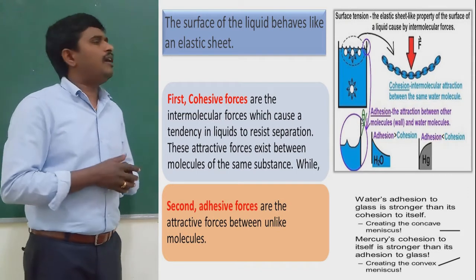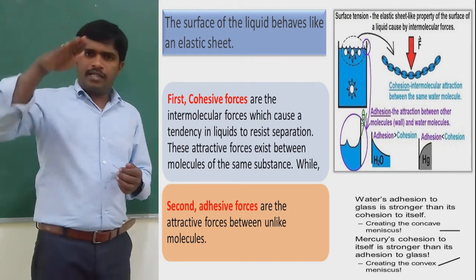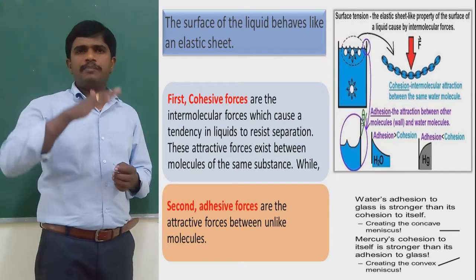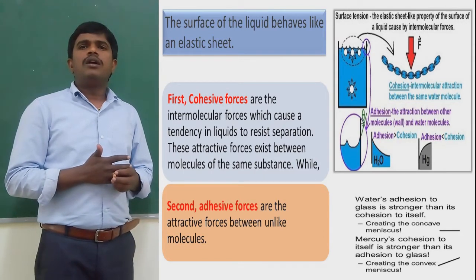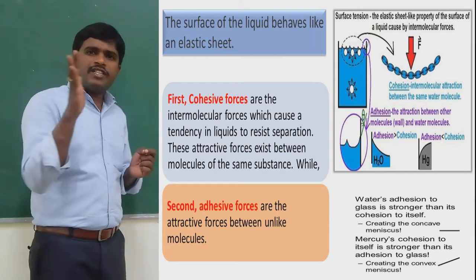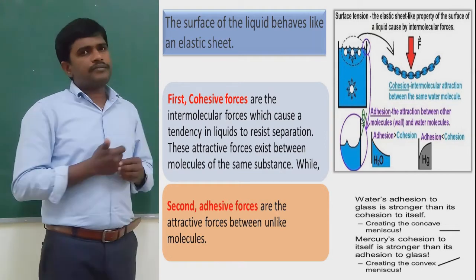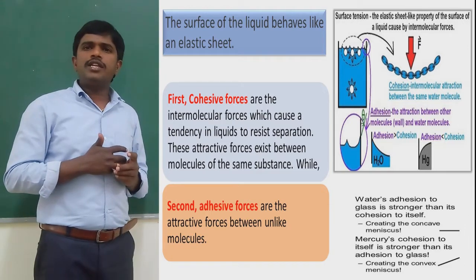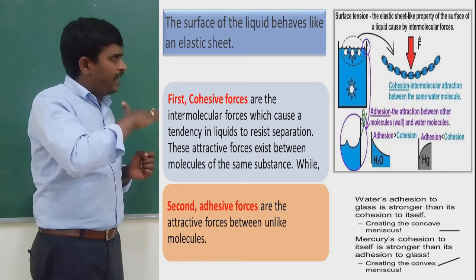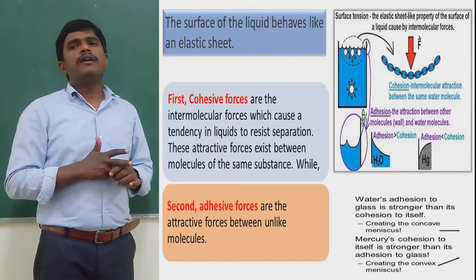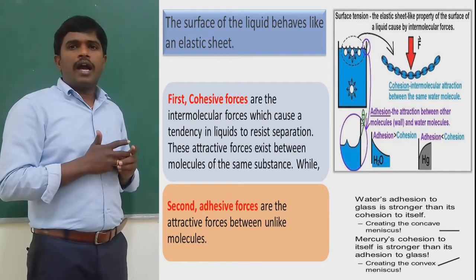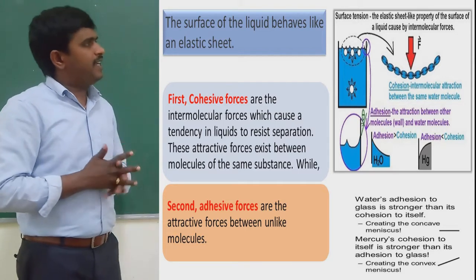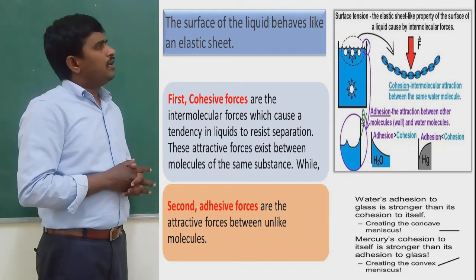Let us consider the water which is filled in a beaker. In this beaker, water's adhesion to the glass is stronger than its cohesion to itself, creating the concave meniscus. And in the second case, what happened?